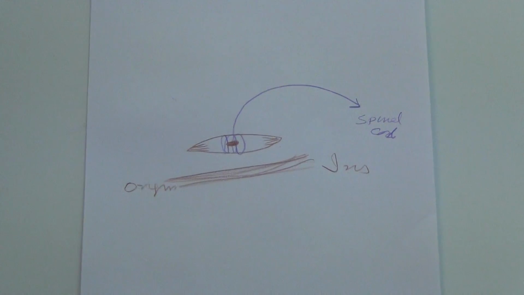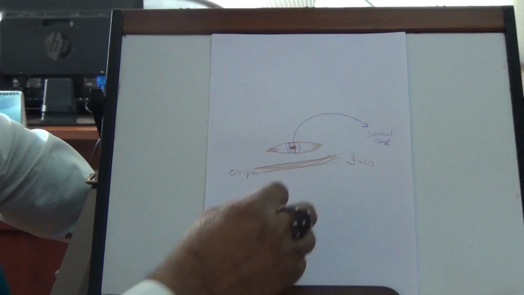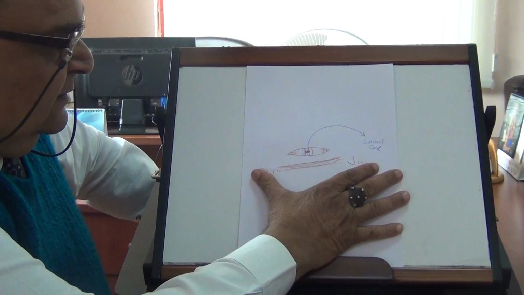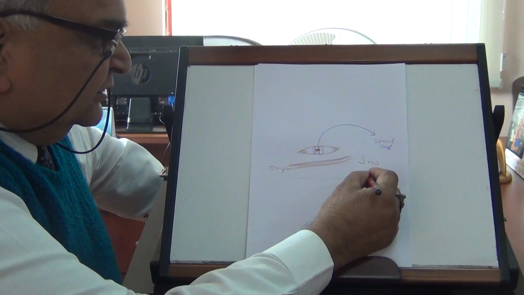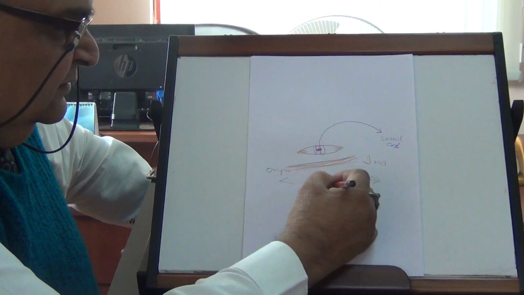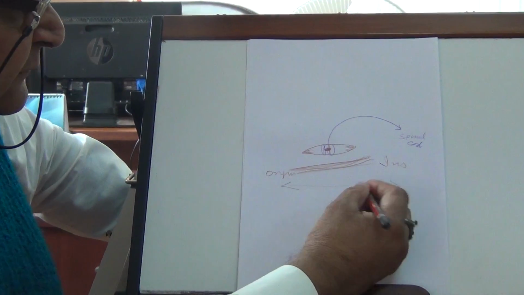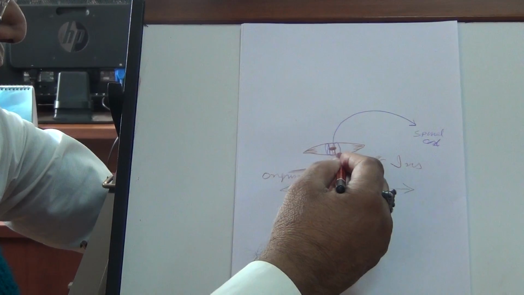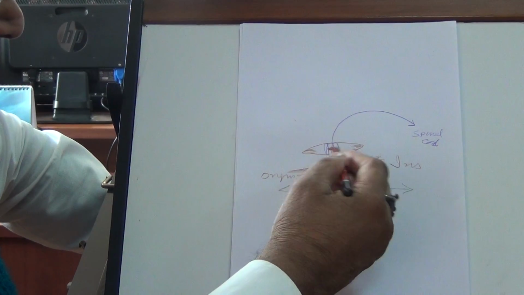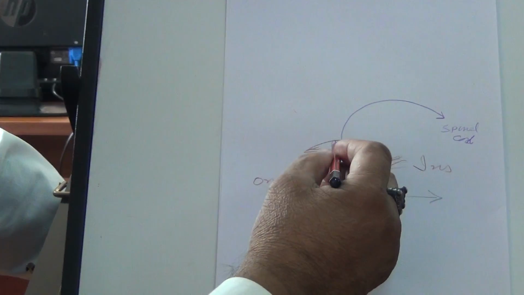Now, supposing there is a stretch, that means the length between the origin and insertion increases. Therefore, the distance between the coils of the annulospiral ring also increases.